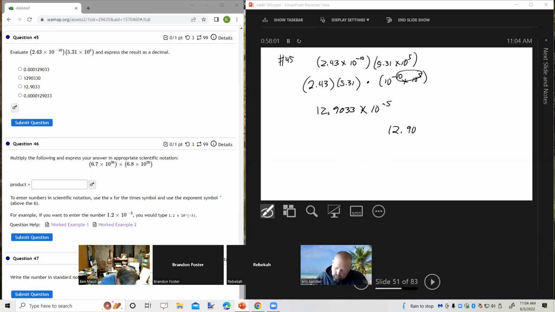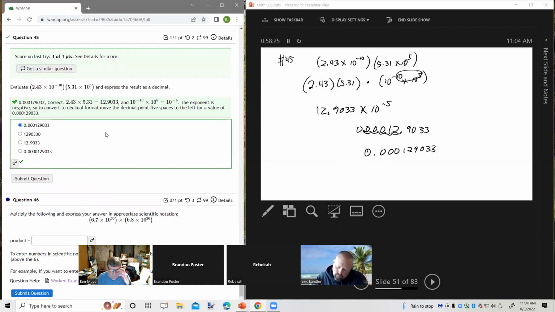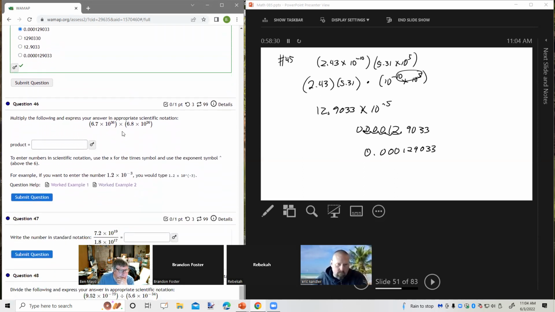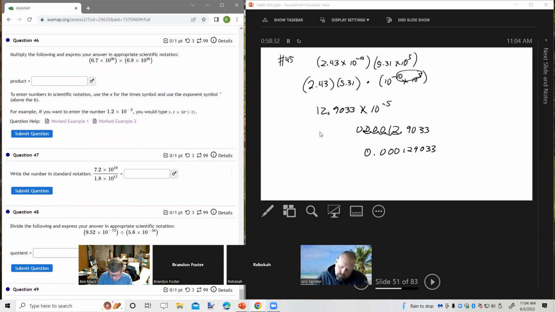So we're going to move it 5 places to the left. 1, 2, 3, 4, 5. So 0.000129033. Let's see, I've got 3 zeros and then 129033. This one right there. Okay. 46 coming up.